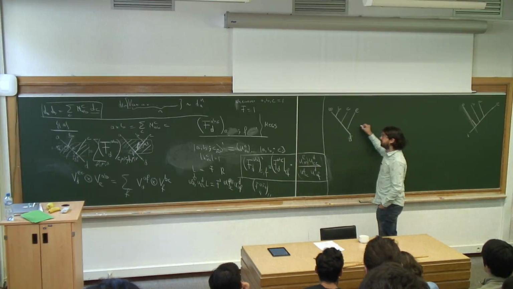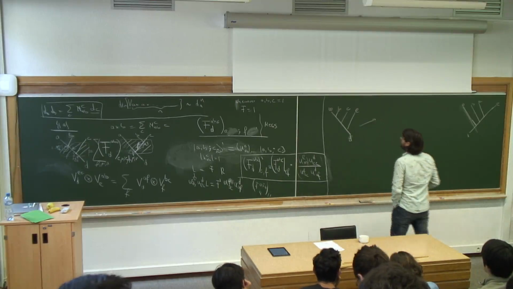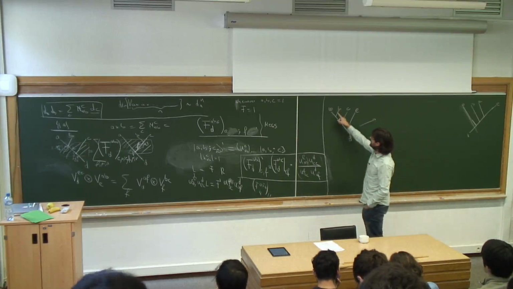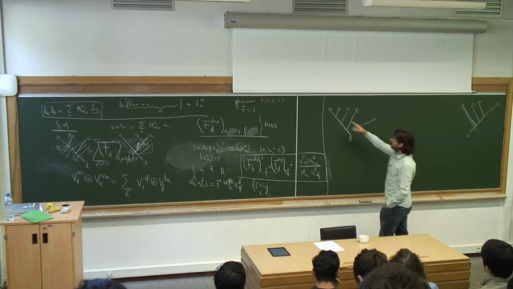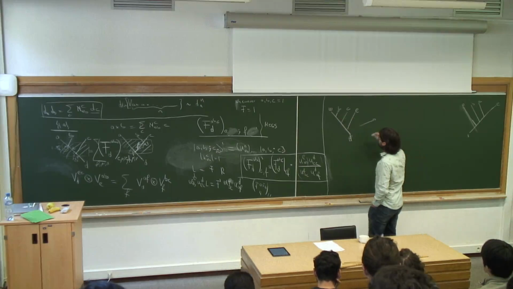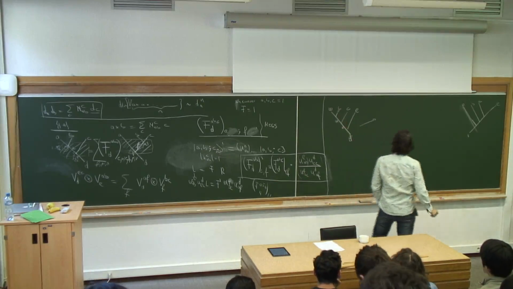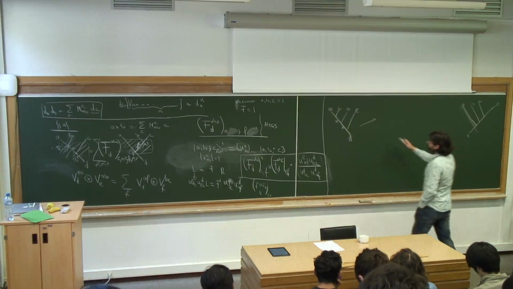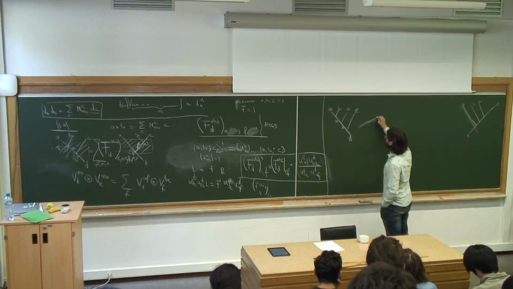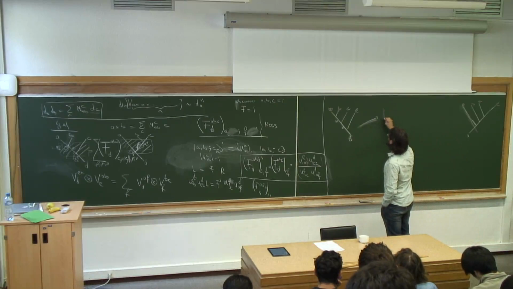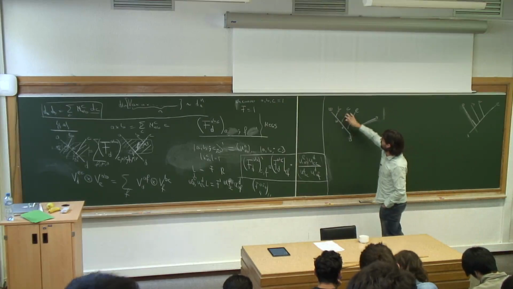There's a path where you first take this into here. You start with B. You make an F move on B. Let's call this M. Let's call this N. So first I make an F move here.